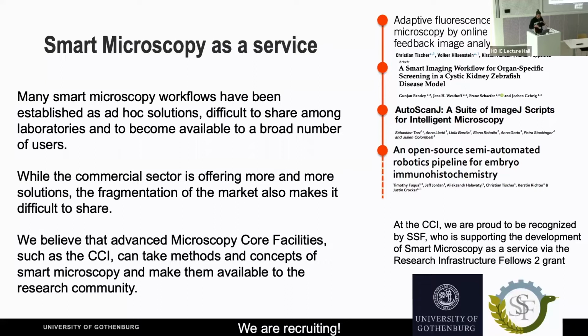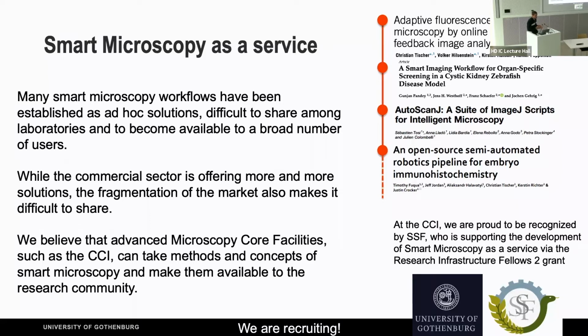Now, from my point of view, what I'm very, very interested in is smart microscopy as a service in a core facility. Okay, so why I think this might be slightly different is that if you are in a research group and you have a very niche application, you work really, really hard to make the best possible workflow for your scientific question.